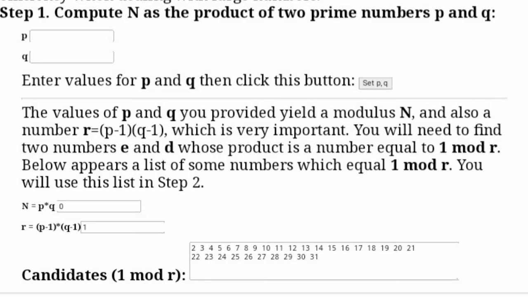Candidates for 1 mod R: 2, 3, 4, 5, 6, 7, 8, 9, 10, and so on up to 31.